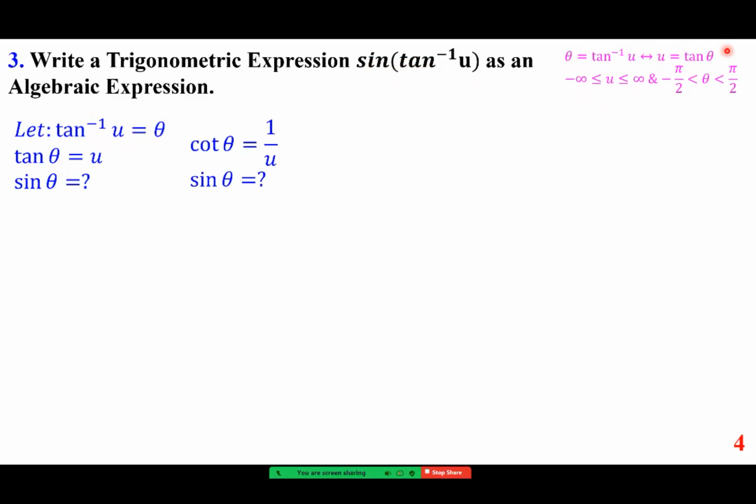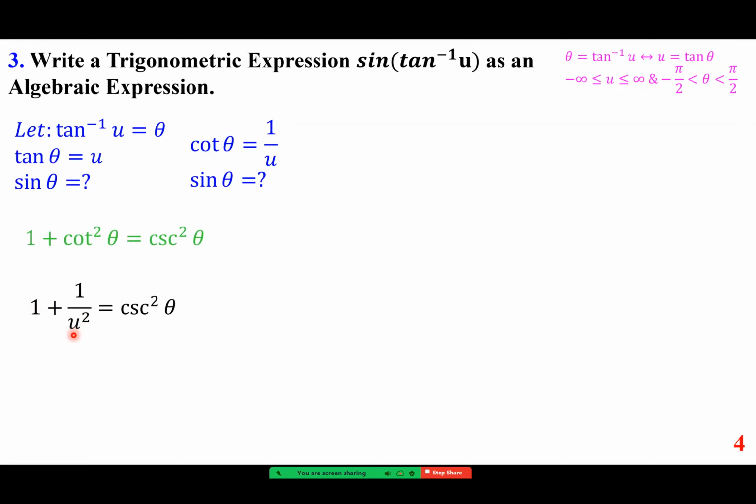So we know that cotangent is 1 over u because of the relationship between cotangent and tangent. We also know the Pythagorean identity, 1 plus cotangent squared is cosecant squared. We replace it.